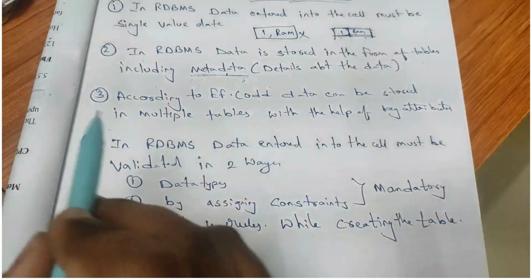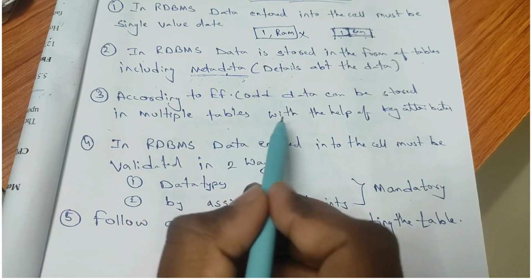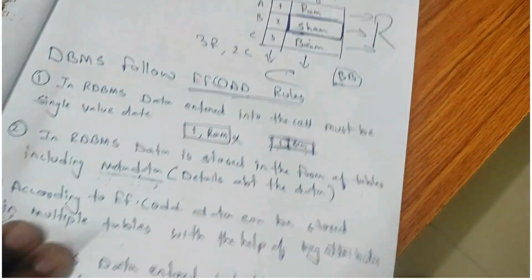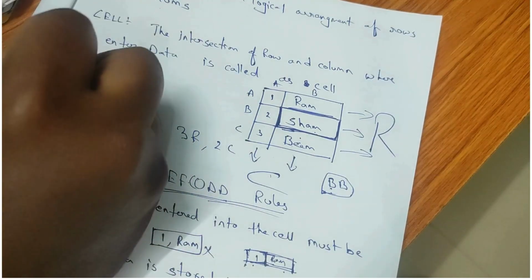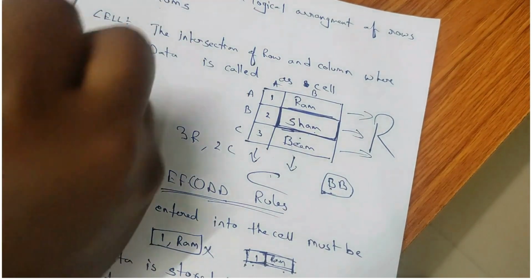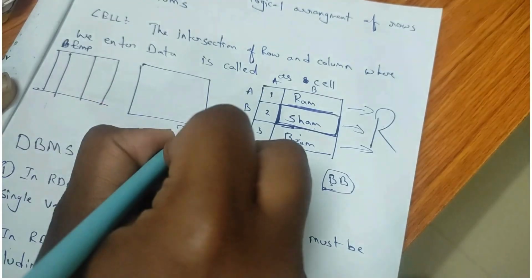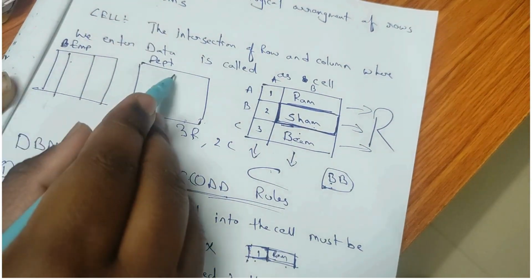According to Codd, the data can be stored in multiple tables with the help of key attributes. Means we can store multiple tables in the database. Like here we have created an employee table and a department table.